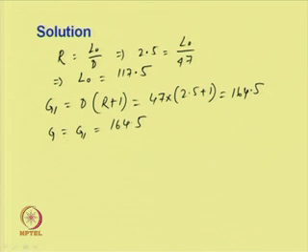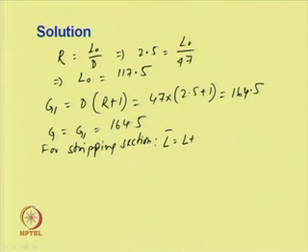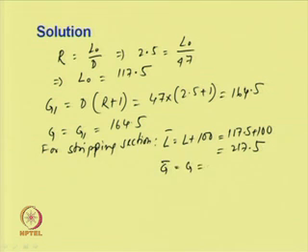Now, for the stripping section, L bar would be L 0 plus 100, which is equal to 117.5 plus 100, so it is equal to 217.5, and G bar would be G, which is equal to 164.5.